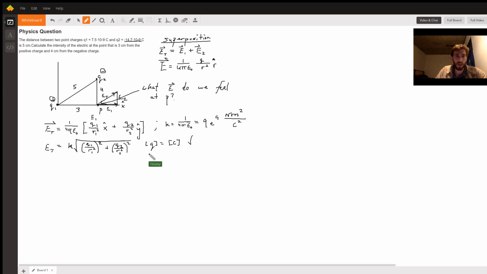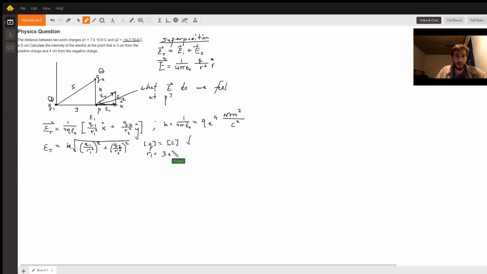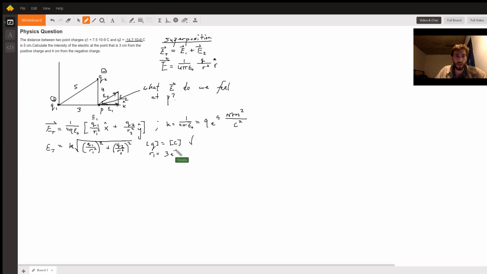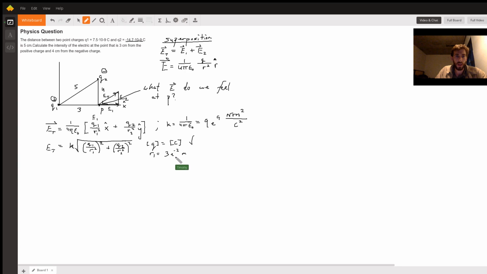R1, the distance between point P and charge 1, is 3 times 10 to the negative 2 meters, which is the exact same thing as 3 centimeters. R2 is going to be 4 times 10 to the negative 2 meters.